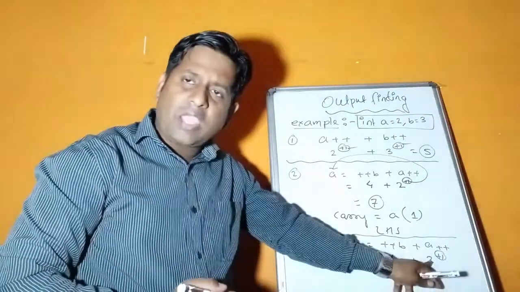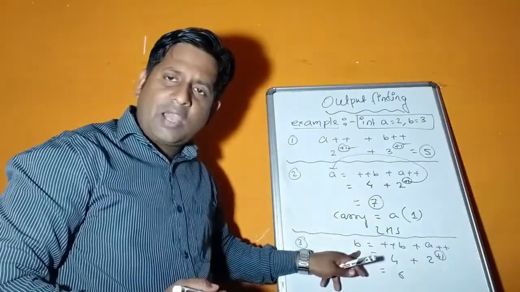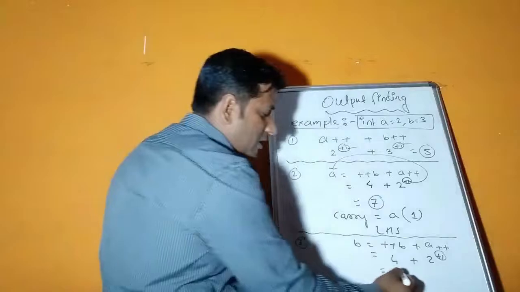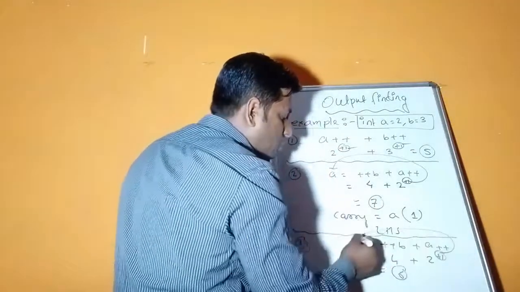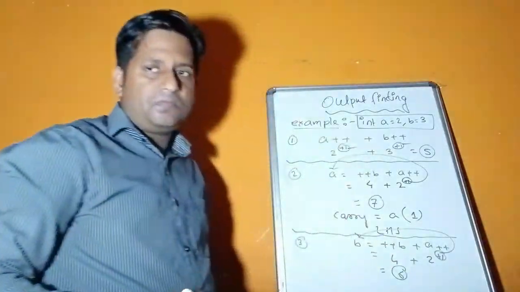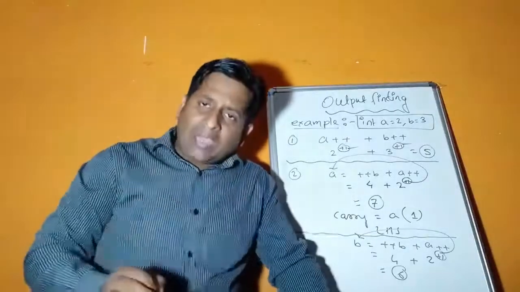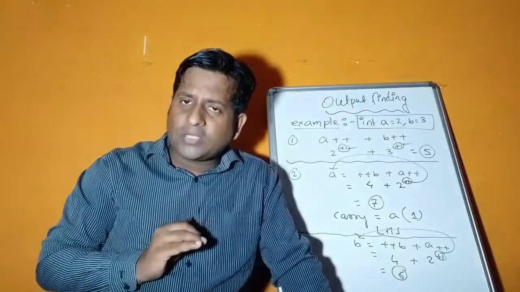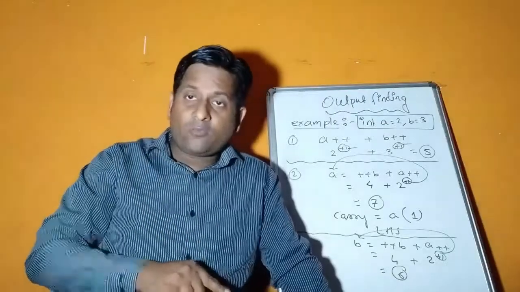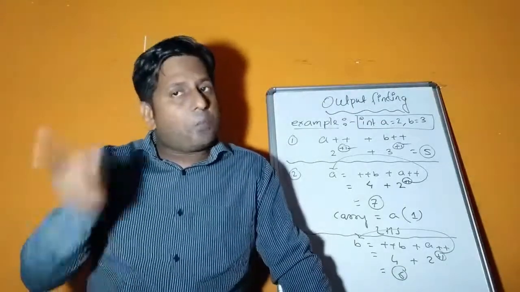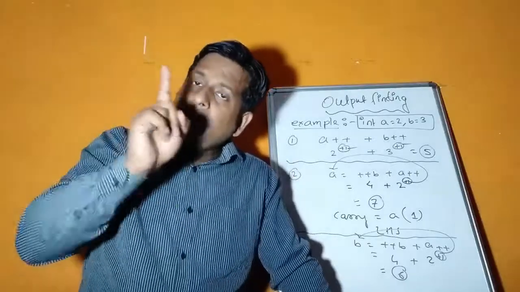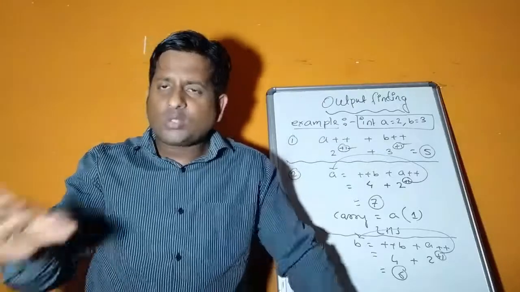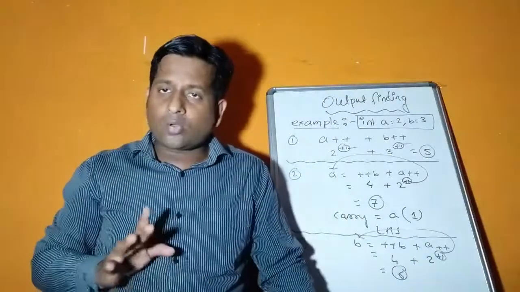Carry variable is A, and on this side LHS what do we have? B. So carry is waste in this case. Answer is 6 only, because this carry we have to check with LHS. So whenever a carry is there and you have LHS, some variable on the left hand side, you need to check that with the carried variable. If both are same, the carry will be utilized. If both are different, carry will be waste. So these are the few logics you need to remember.